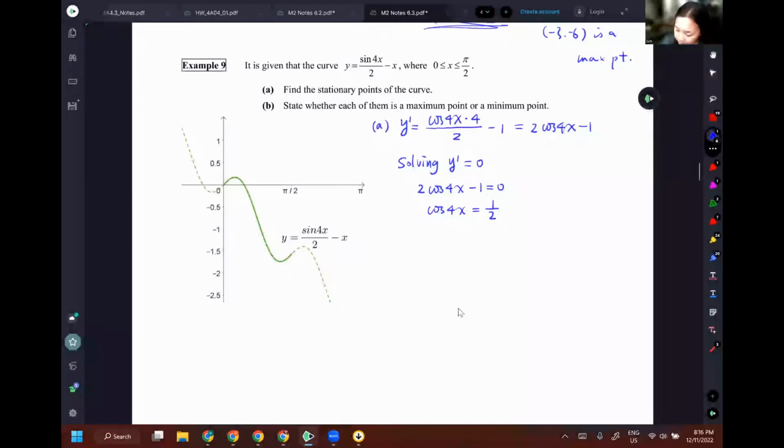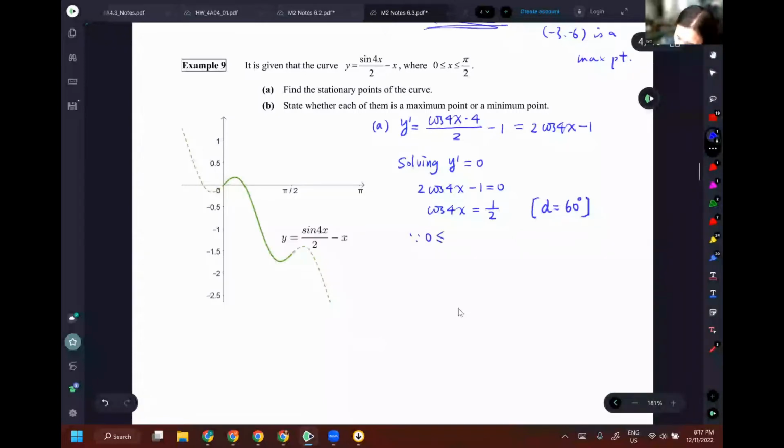Anyway, remember this. If you don't remember, it's okay. I will help you remember. First, you will find a reference angle alpha. From the calculator, you will get 60 degrees. But you don't say it's 60 degrees. You will talk about the range.